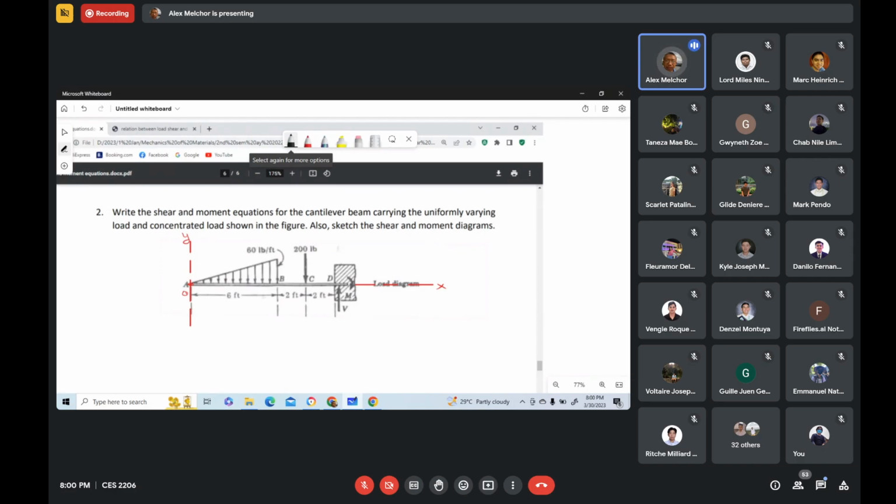For segment AB, we pass an imaginary cutting plane anywhere between A and B. Call this AA.